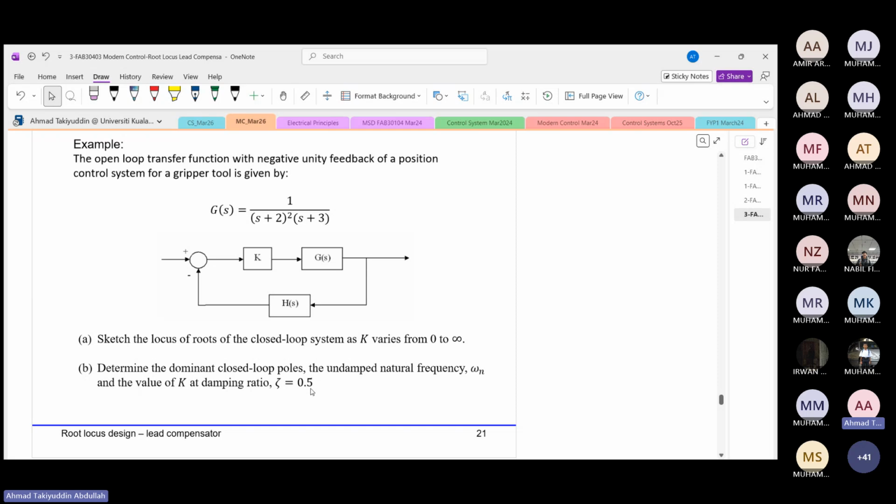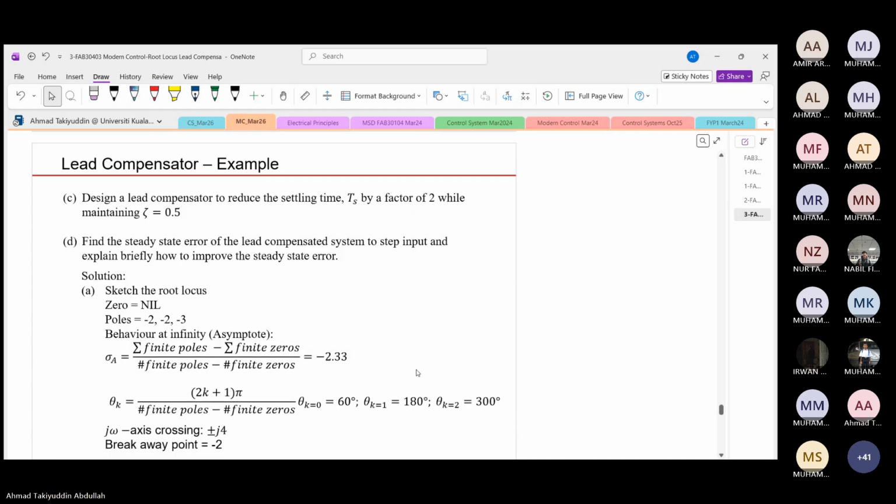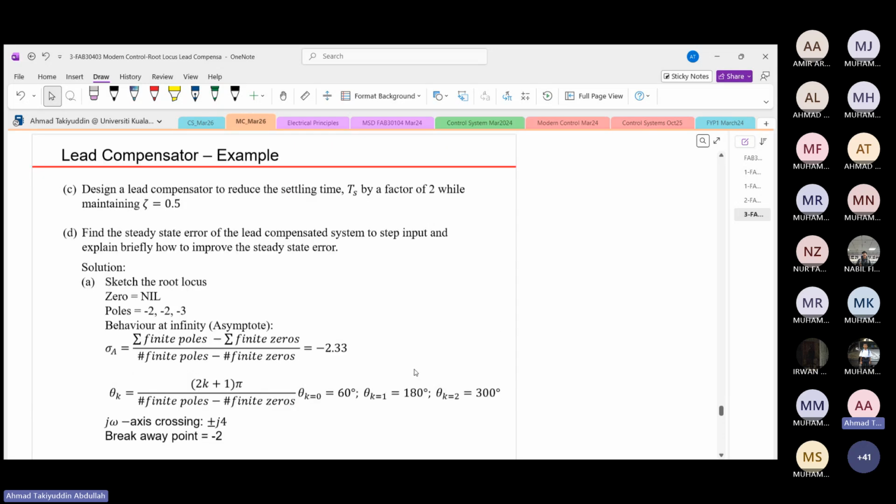So we have to have the plot, and then from the plot, we will have the point for the dominant closed loop poles. So these dominant poles will be the ones that we get after we have the plot.